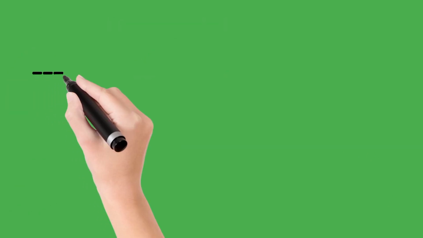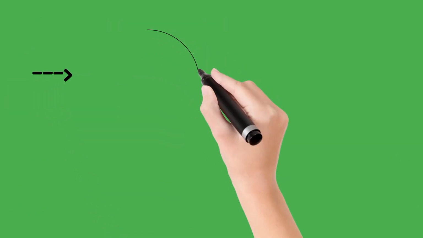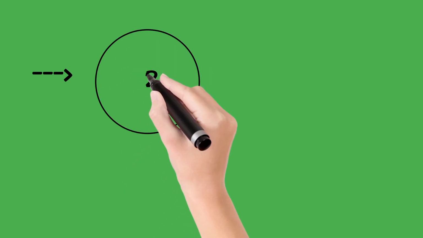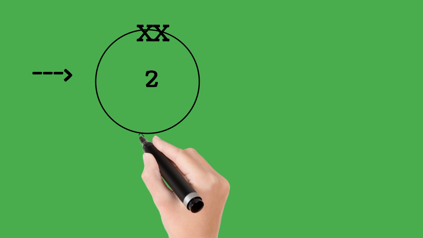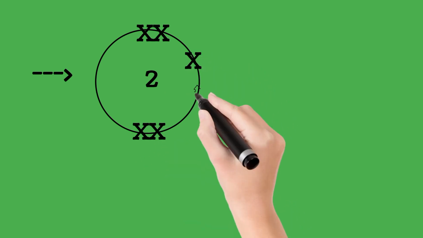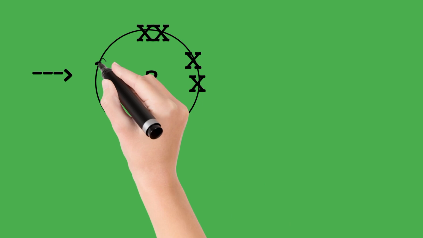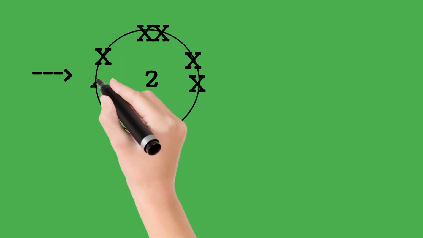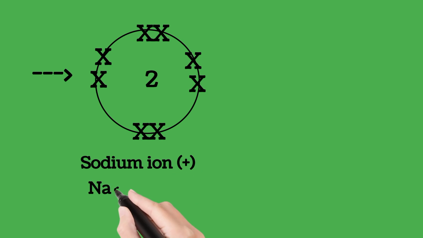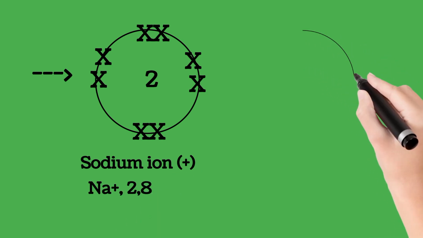Stable. So, as can be seen, sodium now will have 2 electrons in the first shell, and the second shell will have 8 electrons. And there will be no third shell again because it has given out the 1 electron. And this now is a configuration for what? Sodium ion. You can see it has 8 electrons now in the outermost shell. So we're going to have sodium ion, which is going to be 2,8.